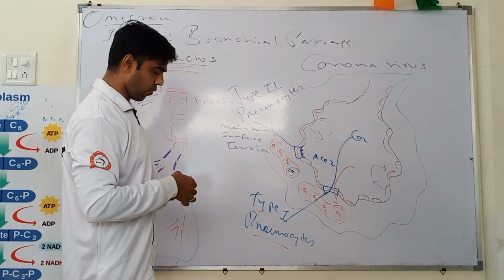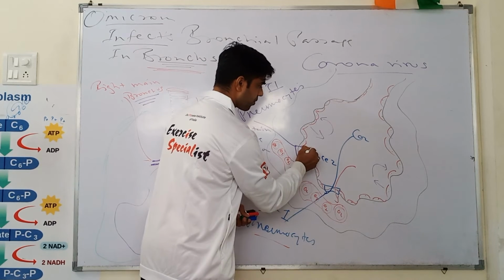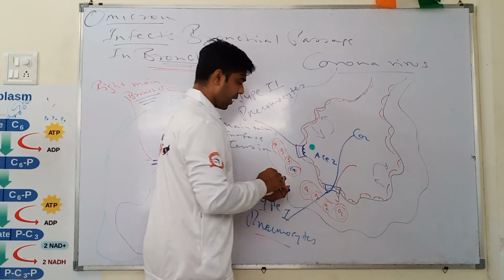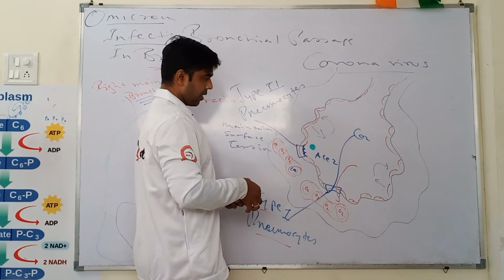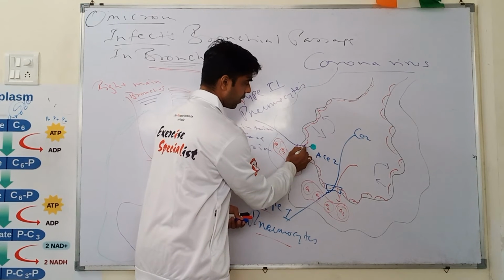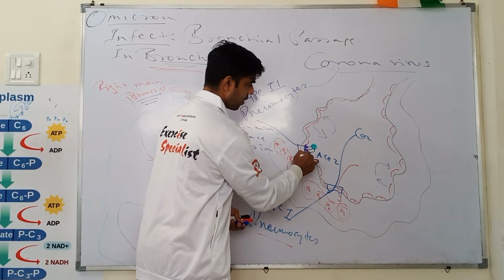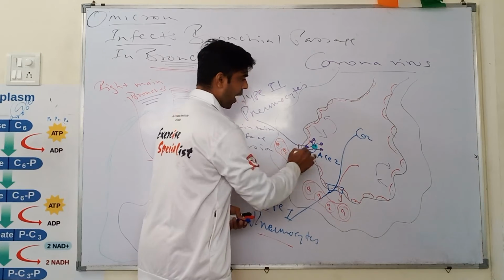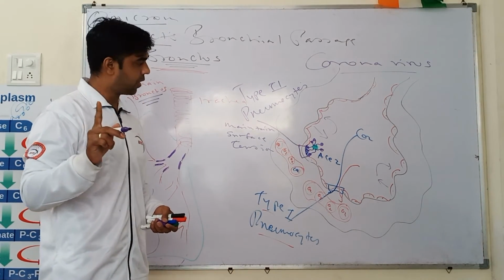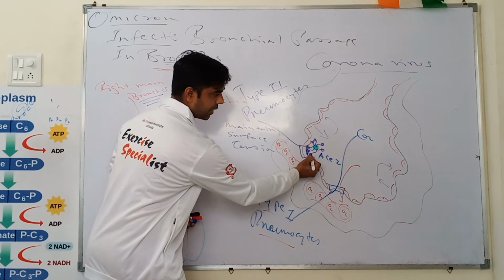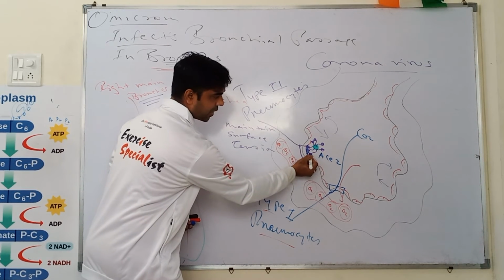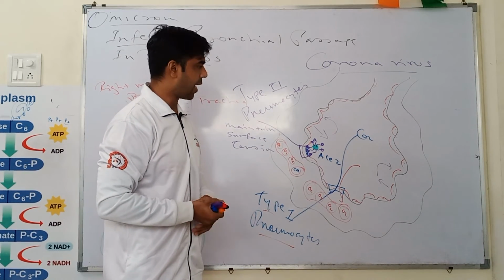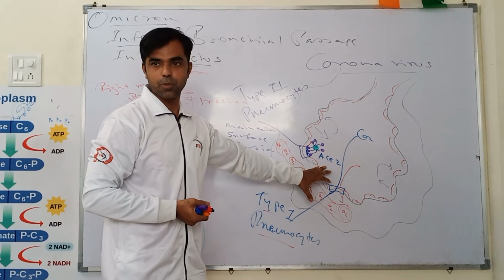Suppose this is your coronavirus. Right? And these are the spikes. I have explained these spikes in my first lecture on corona. Okay? So if these spikes bind here, they will collapse the surface tension and a patient may face pneumonia, right?